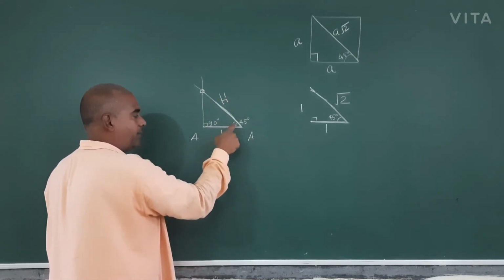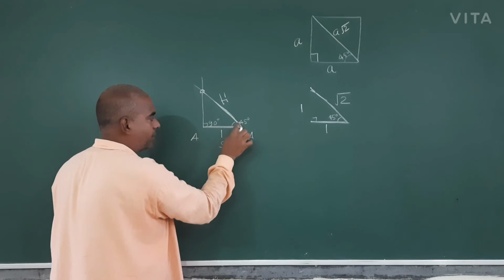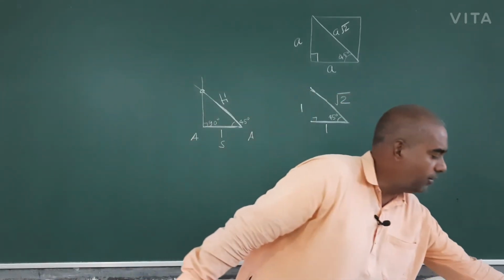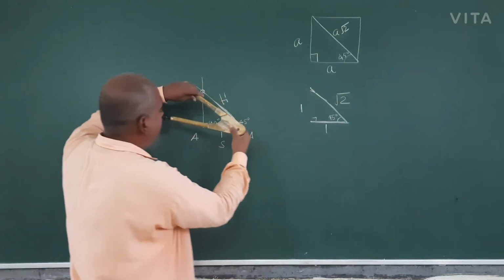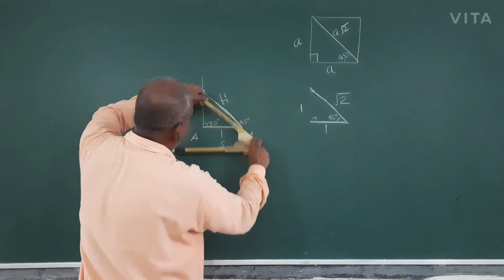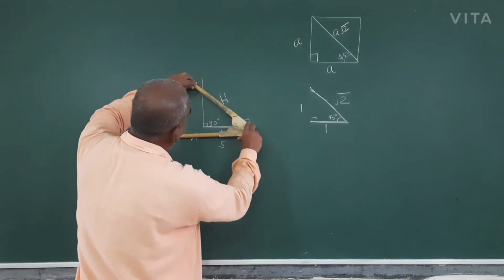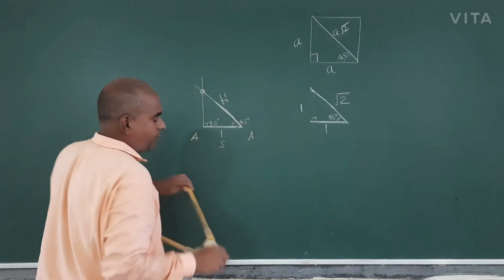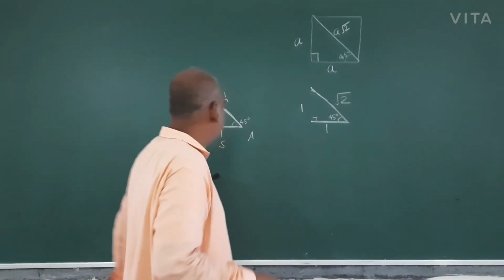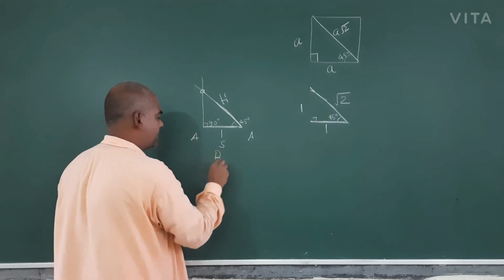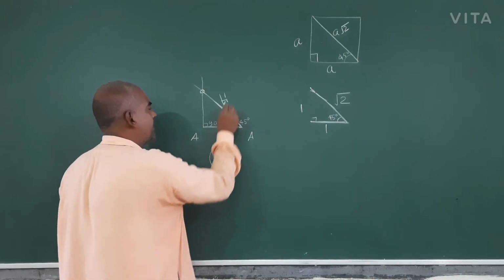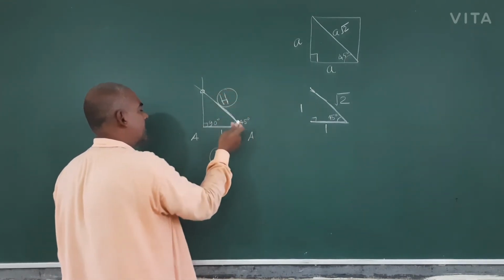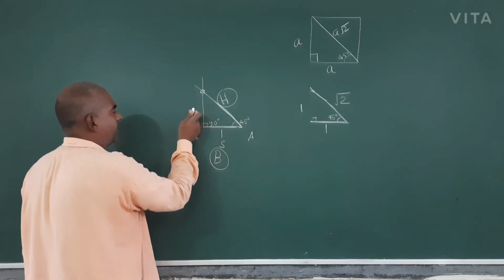For this 45, base and hypotenuse are very important here. This is the fixed hypotenuse, and this will be the base for this 45.